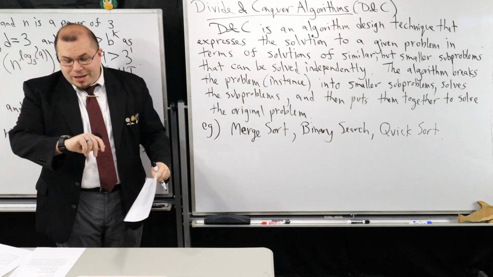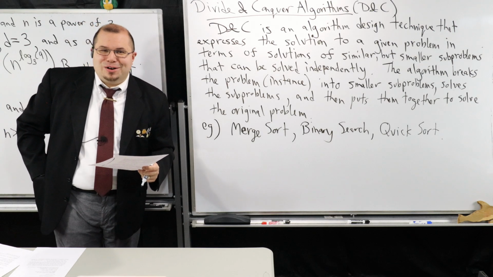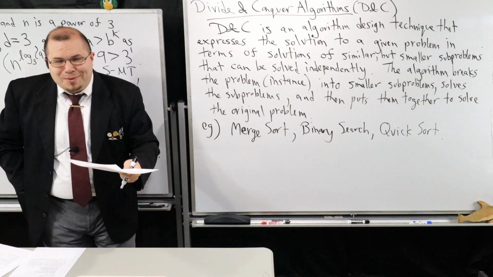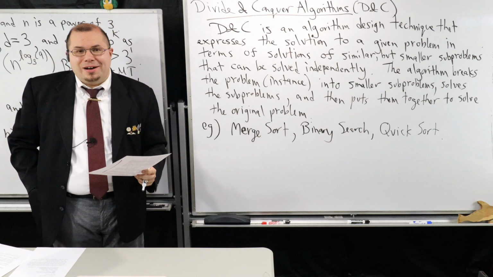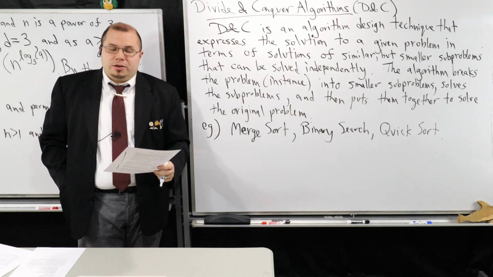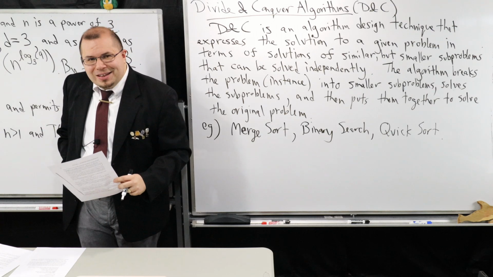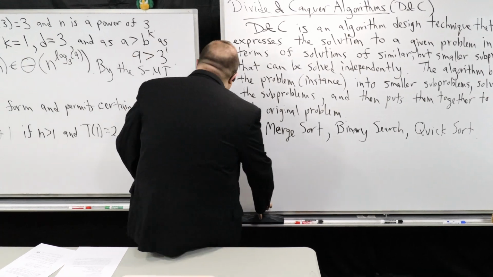So I'm going to give you a template, and then we're going to talk about how we use this for something like merge sort. And I'm not even kidding, it's going to be very nice and natural. If I just gave you a divide and conquer algorithm, all you have to do is identify the bits and pieces to determine its running time, believe it or not. Like I said, it's going to be very natural.